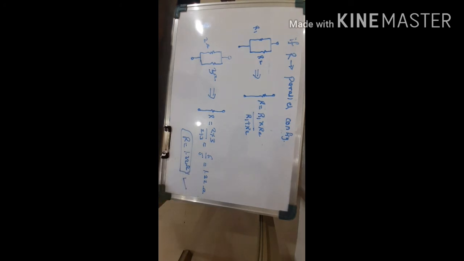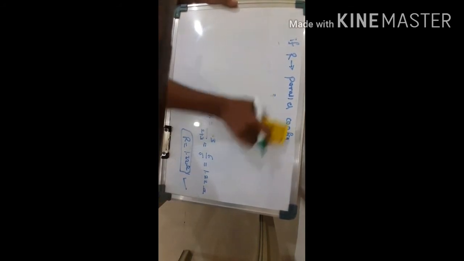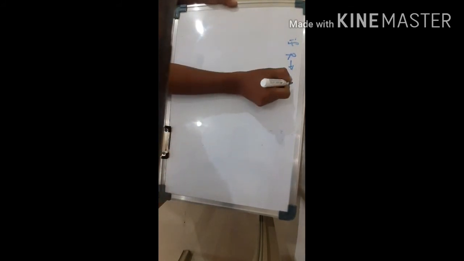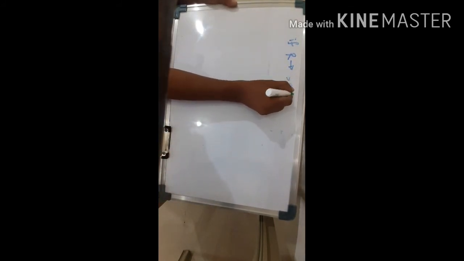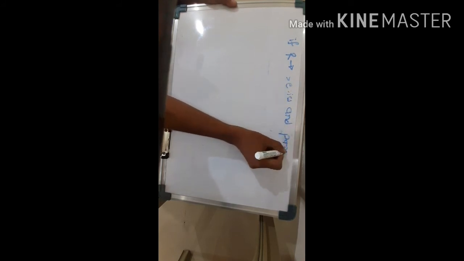After completion of this, we will see the combination of the series and parallel configurations. If resistances are connected in series and parallel, what will be the conditions?